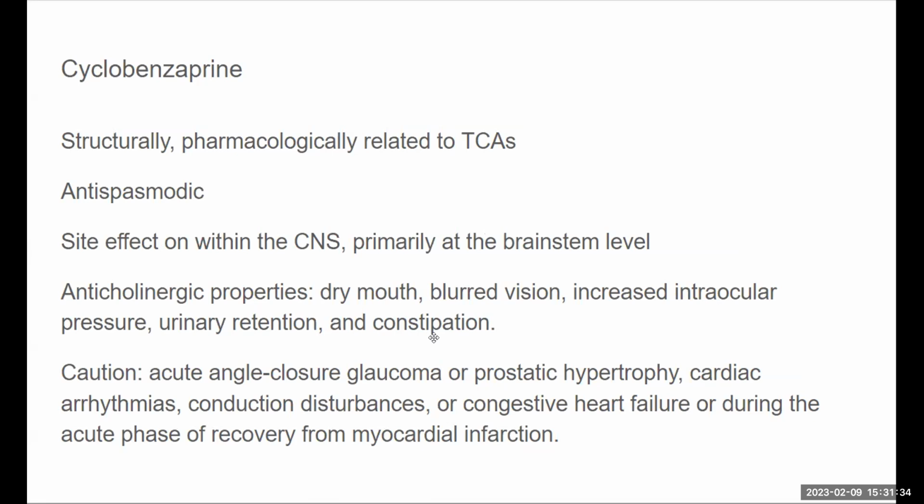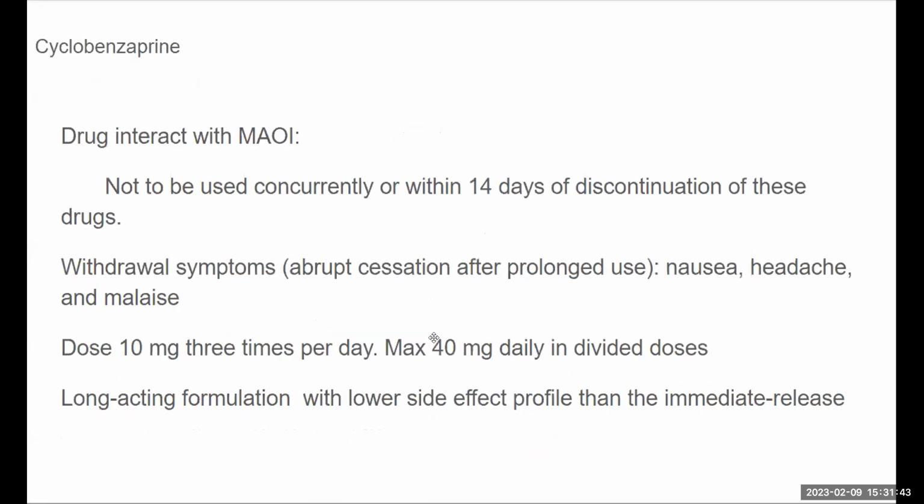The cautions are the same as for any TCA: acute angle glaucoma, prostatic BPH, cardiac conditions, recent MIs. The drug interactions are with MAOIs, so you have to be careful about concurrent use or the discontinuation time period.